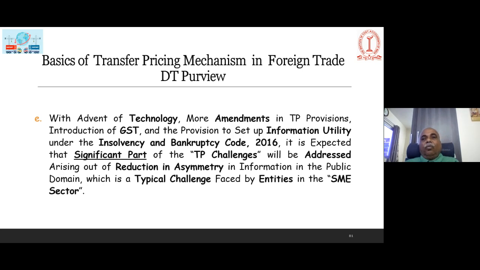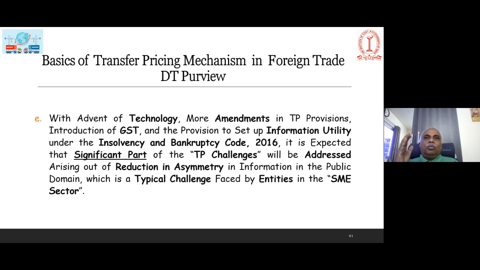There is also a provision for information utility under the insolvency code, the IBC. Under the IBC, one more institution was formed, called the information utility. Whatever the data of that particular corporate is, it is also to be uploaded in the information utility, particularly with regard to loans and advances. Borrowings from other countries or lending to other countries are all to be recorded in the information utility. In that case, the transfer price mechanism is not rocket science, it is simple science.